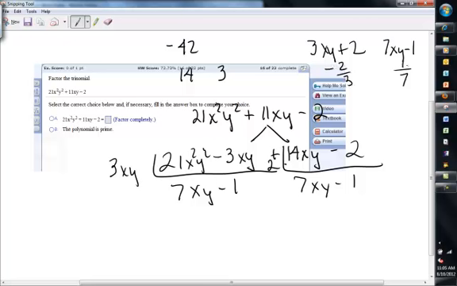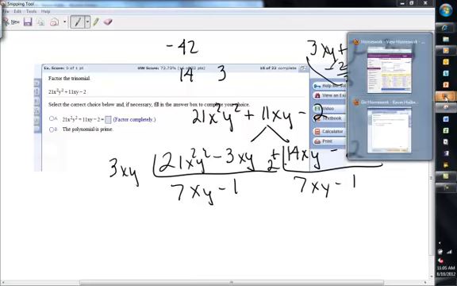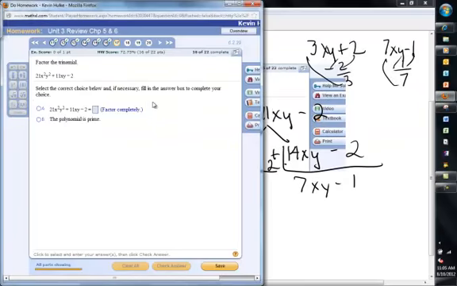So the 1 goes here, the 7 goes here, 2 goes here, 3 goes here, change this sign, change this sign. Looks like it works. So our factored form is parentheses 3xy plus 2 and 7xy minus 1.